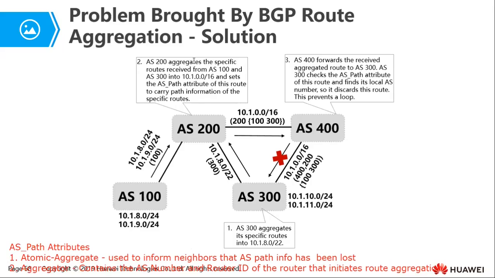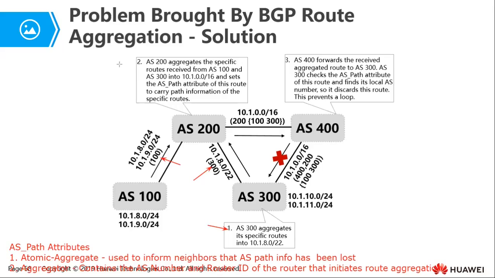So let's look at this one. What happens here? AS 300 aggregates its specific routes into that, then forwards. You see we have 300. This one does not aggregate, just sends the two networks. The AS path will have the value 100.